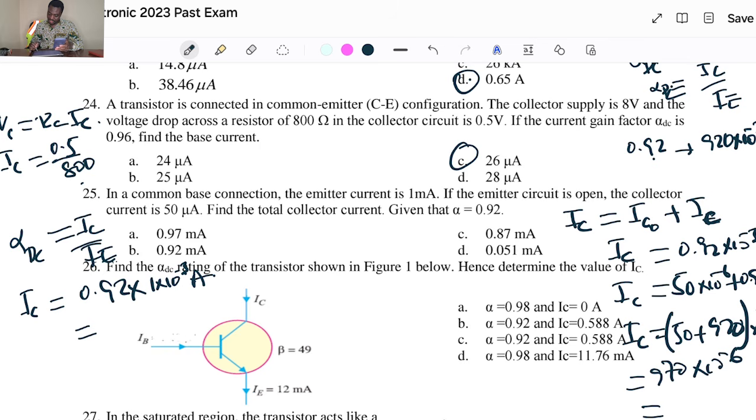In milli, that is 0.97 milliamps. So we get the answer here to be A. The answer becomes A.